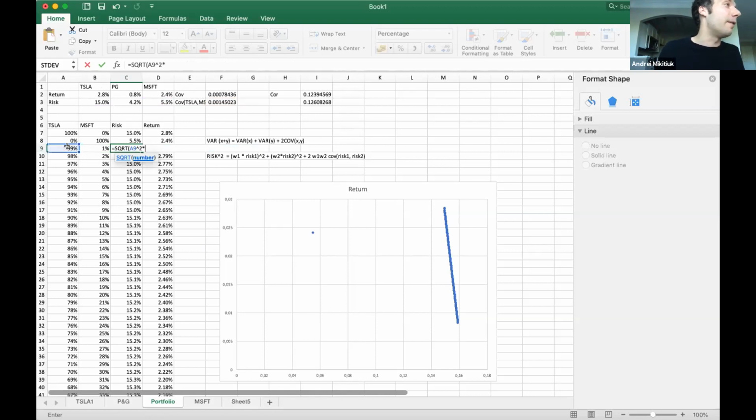So weight of Tesla squared times risk of Tesla squared. That was the purely Tesla component, plus 1% weight of Microsoft squared times risk of Microsoft squared, plus 2 times weight 1 times weight 2 times the covariance.